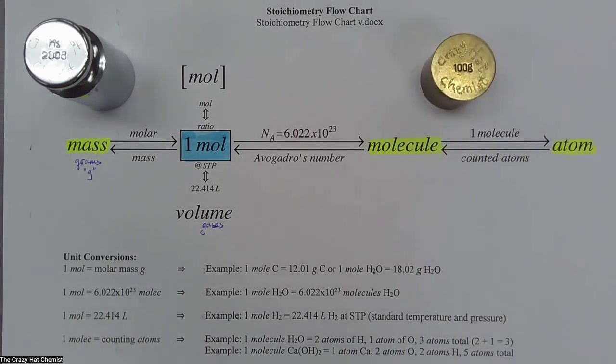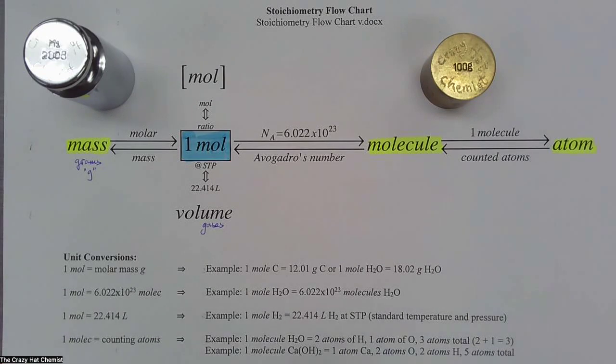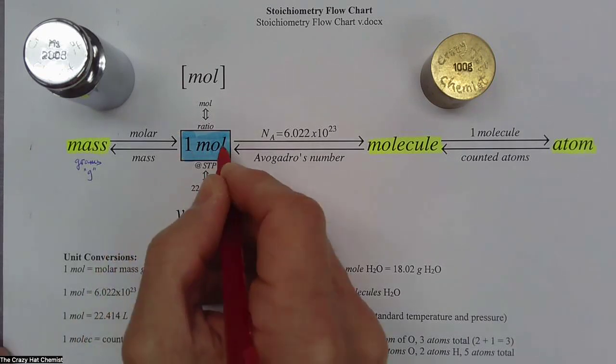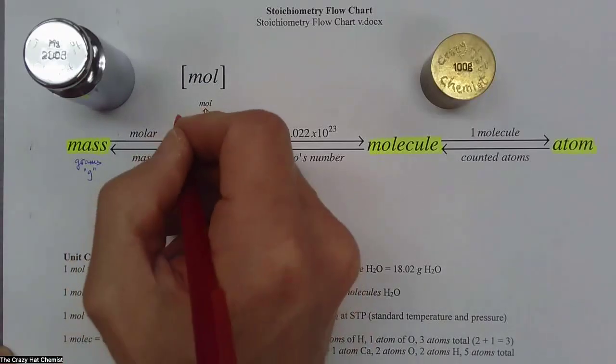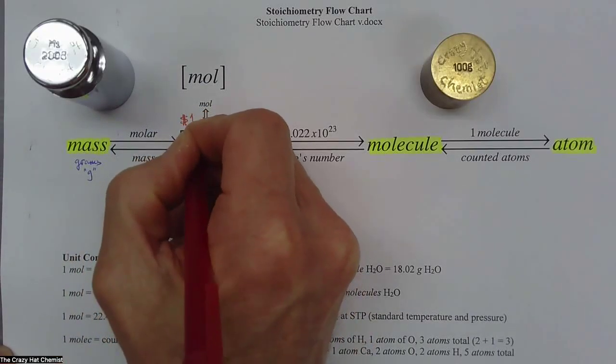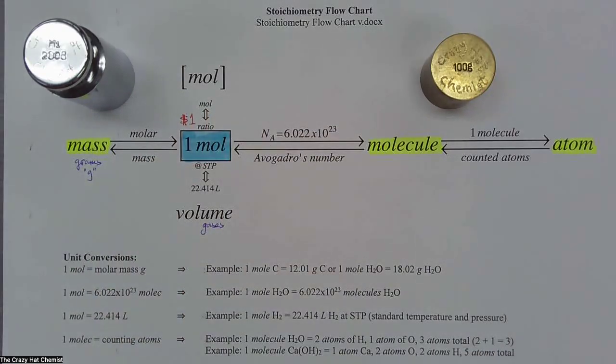Before we do that, though, I am going to give you some examples within here so that you can tie this into, hopefully, information that you already know. So it says 1 mole. So let's just pretend that this is $1. I am in the United States, so that's $1.